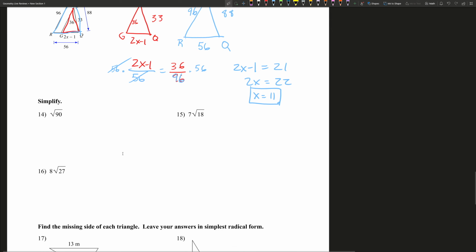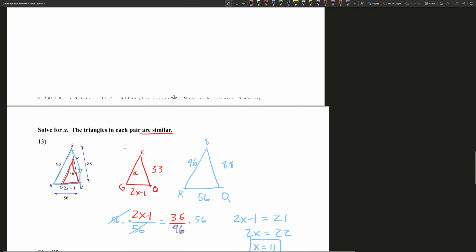So before we move on, are there any questions between anything from 1 to 13?